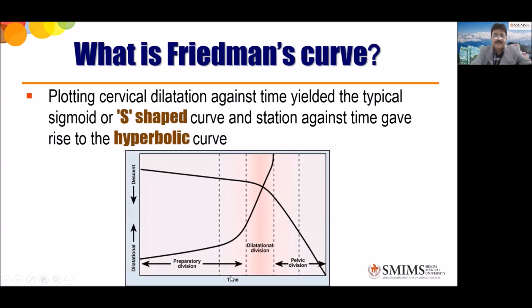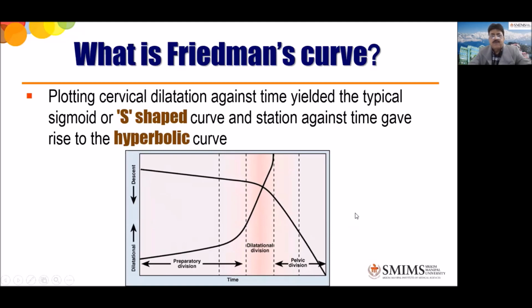As you can see here, initially it's a prolonged latent phase, and then suddenly in the active phase, there's a sharp rise, and then there is a plateau. That is the S-shaped curve we are talking about. As far as the fetal head descent is concerned, initially there is not much happening, but later in labor, there is a sharp descent of the head.